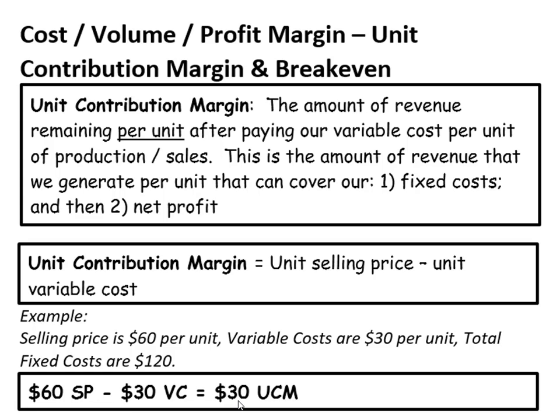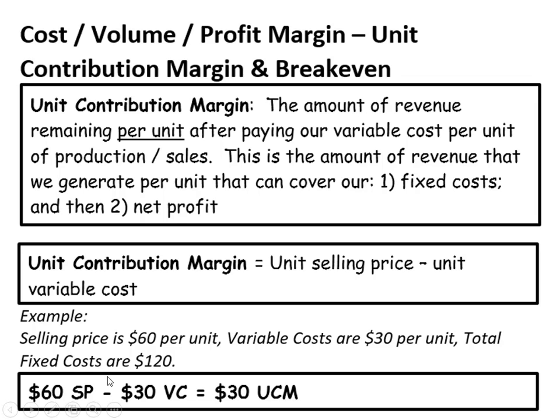So what that means is every time we sell a unit, there will be $30 of contribution margin contributed to covering fixed cost, and if the fixed costs are covered, basically to generating our net income or net profit.